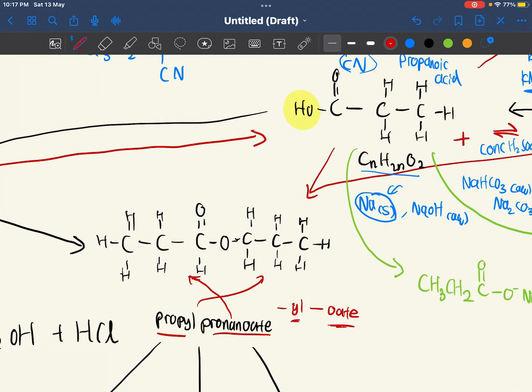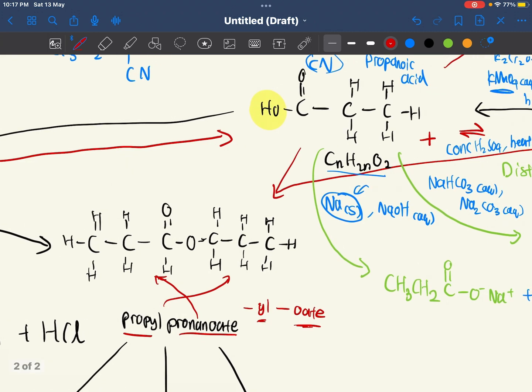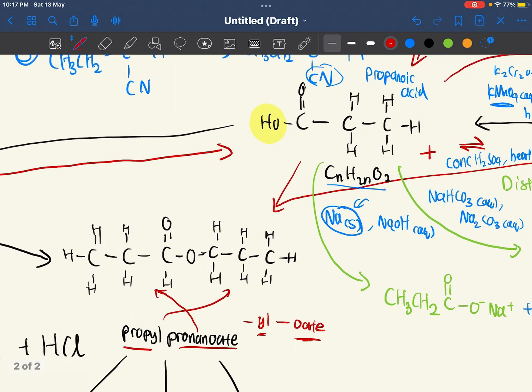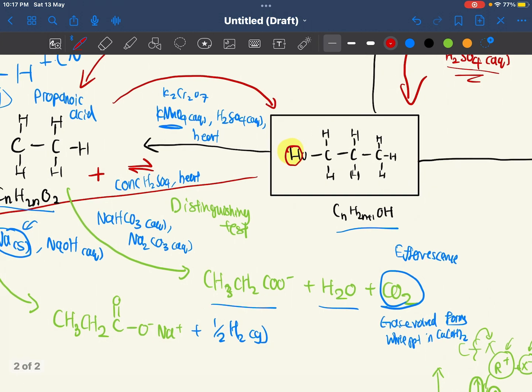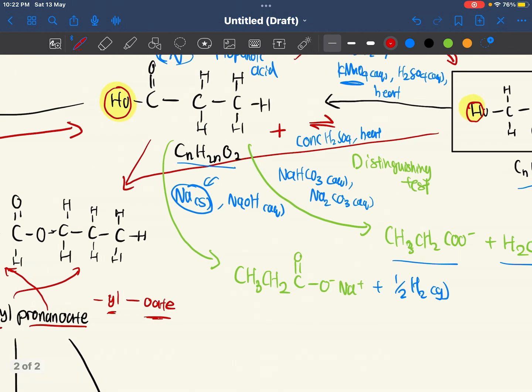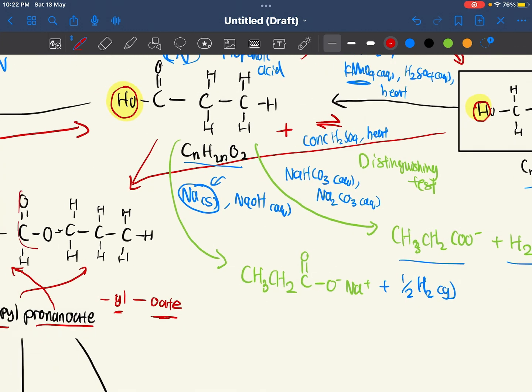Then you ask, where do the OH and the H in the H2O come from? Think of the carboxylic acid as the very, very generous one that gives. So the OH in the H2O comes from the carboxylic acid, while the alcohol is a bit more stingy, so the hydrogen atom comes from the alcohol. The O in the ester bond that you see here comes from the alcohol.